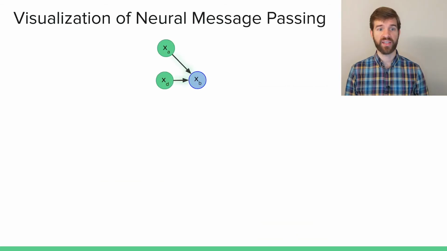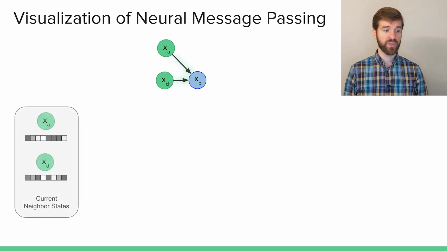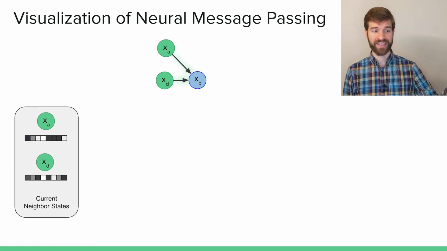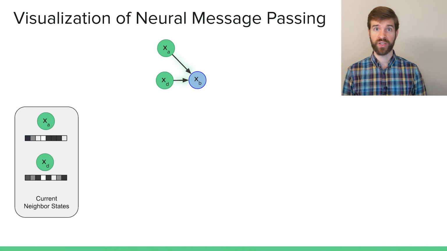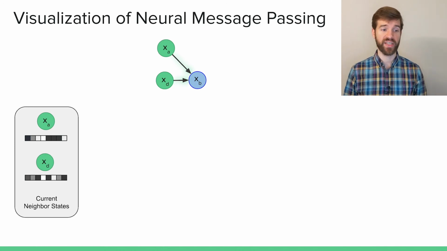Let's visualize such a neural message passing step because I think it's still quite abstract. Imagine that we have two nodes XA and XD that are sending a message to our node XB. How would this go on? The nodes XA and XD are represented by their feature vectors, so it's the current state of these neighbors.